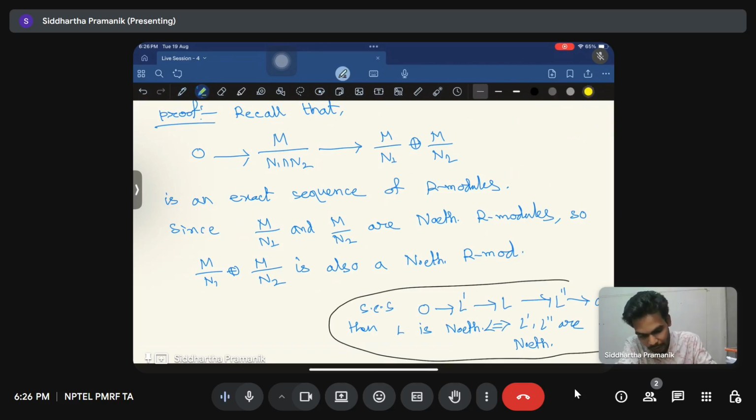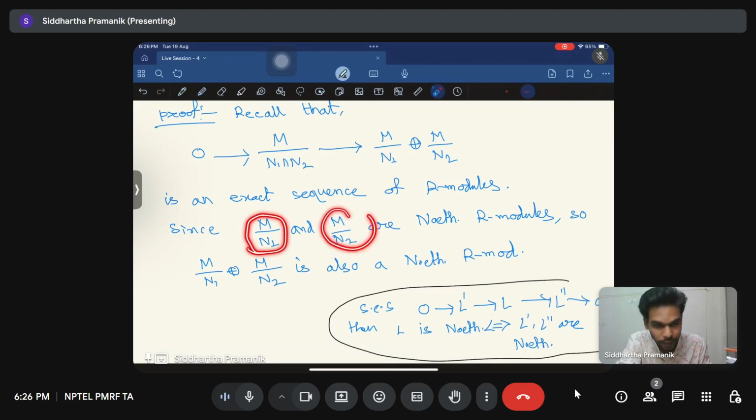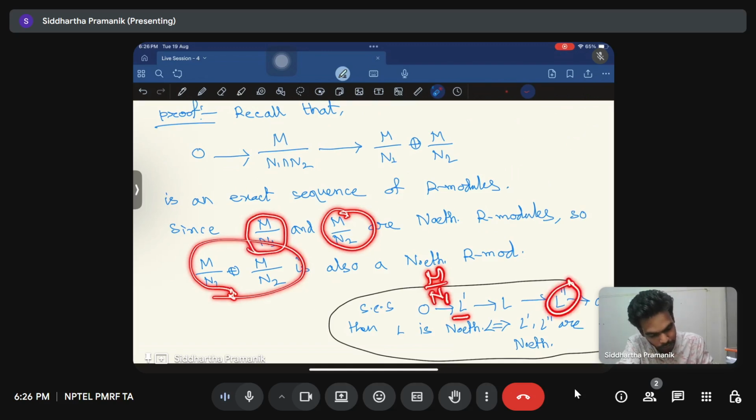Using that only we are claiming, since M mod N1 and M mod N2 are Noetherian, their direct sum is also Noetherian. Because we can get a short exact sequence where in place of L prime we take M mod N1, and in place of L double prime we take M mod N2, and in the middle we get the direct sum.